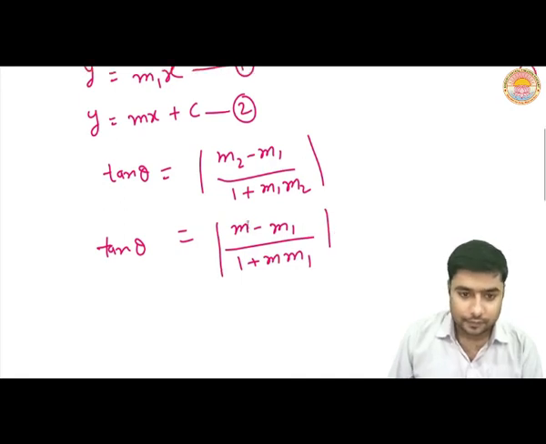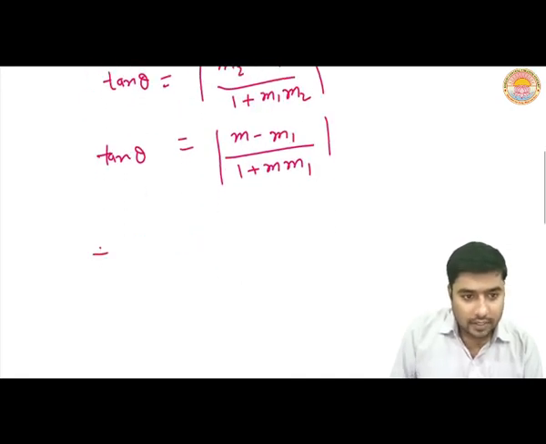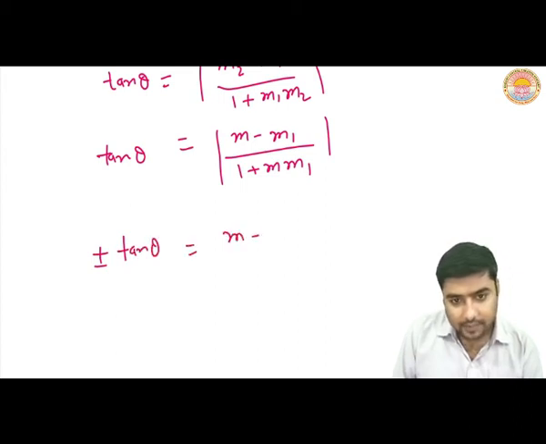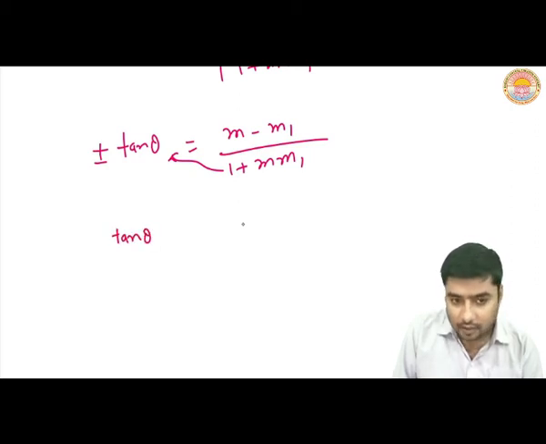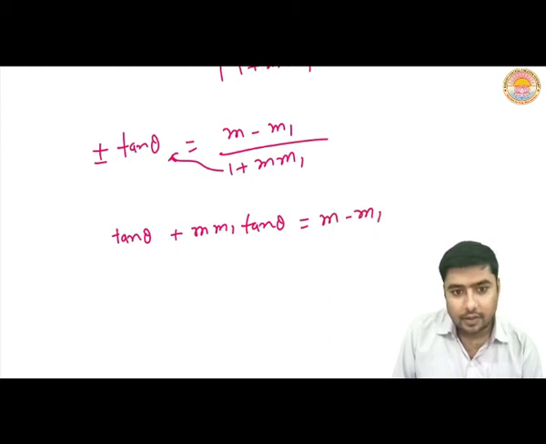Now we can write plus minus tan theta equals to (m minus m1) upon (1 plus m m1). Cross multiply both sides and find the value of m1: tan theta plus m m1 tan theta equals to m minus m1. Now conclude.